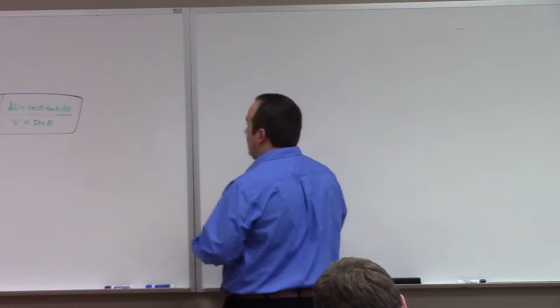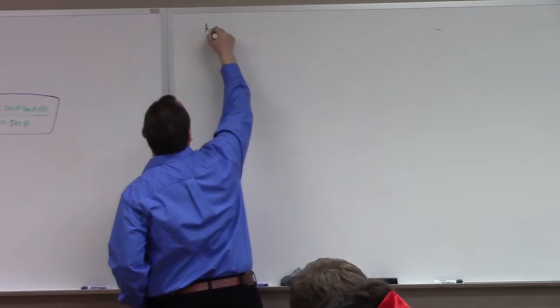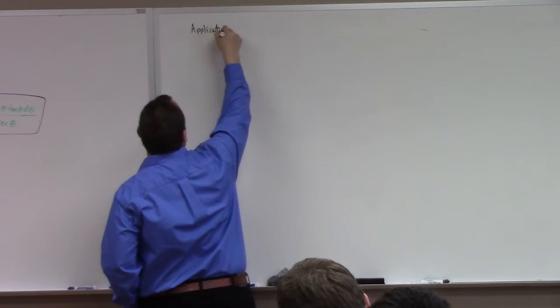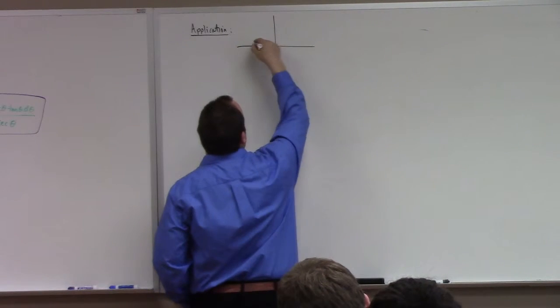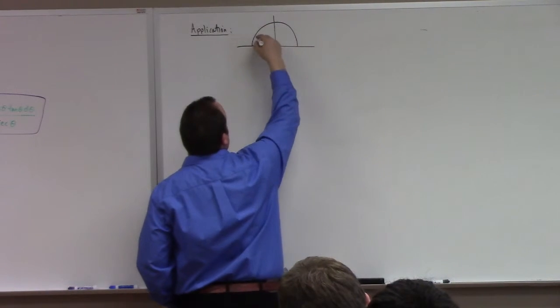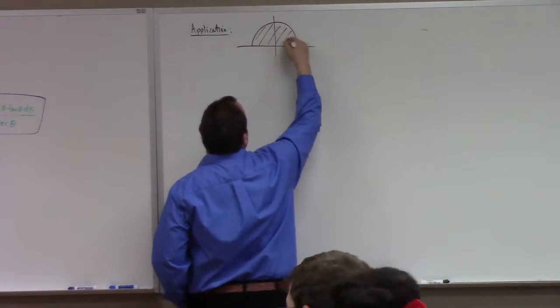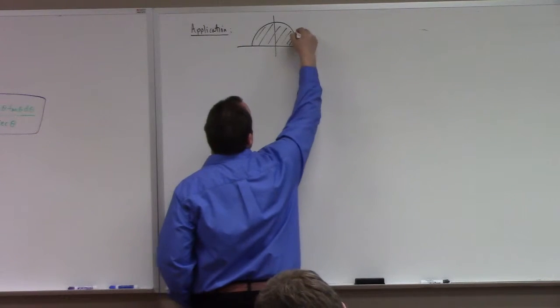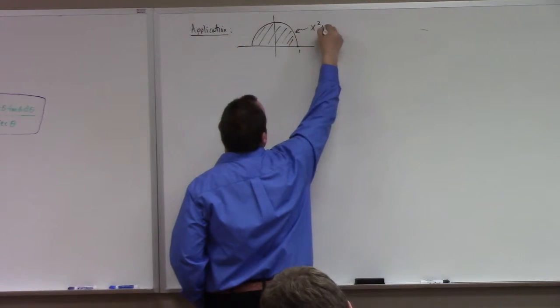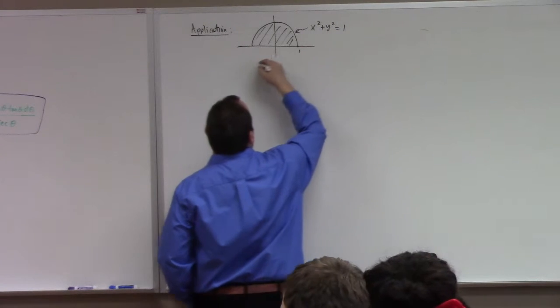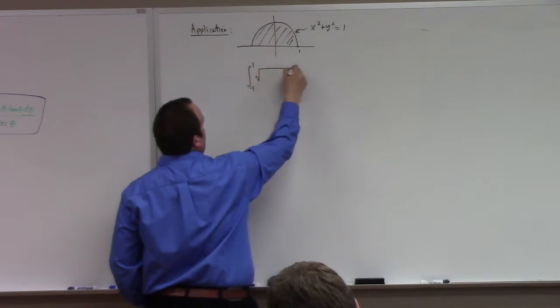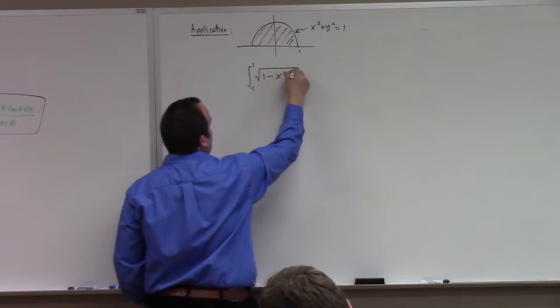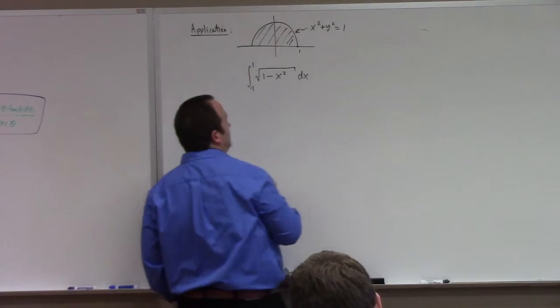Let me just pause to do an application here. What if you want to find the area of this right here? So we should do what? We should integrate from -1 to 1 the square root of 1 minus x squared dx, right?